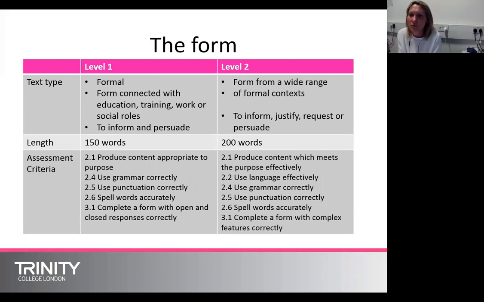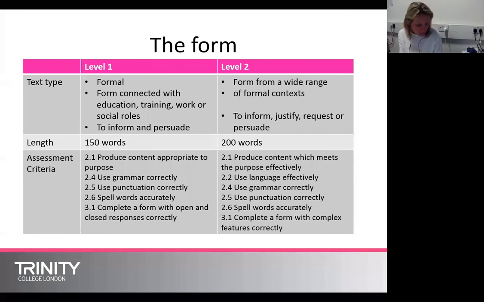At level 2, there would be a wide range of formal contexts. They do have a very specific purpose, and you'll be able to see that from the task as well. They are different in terms of length, and what you can see below is the assessment criteria that we are assessing in that first task.